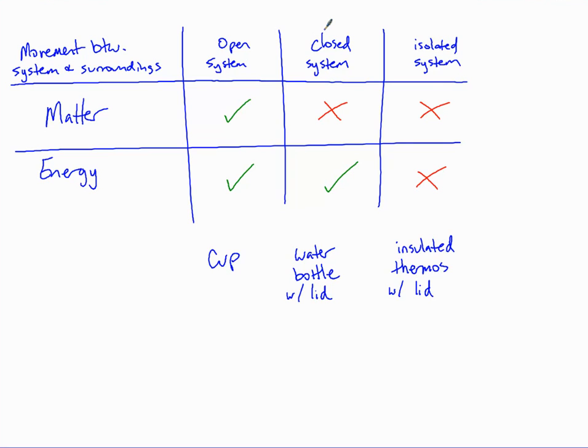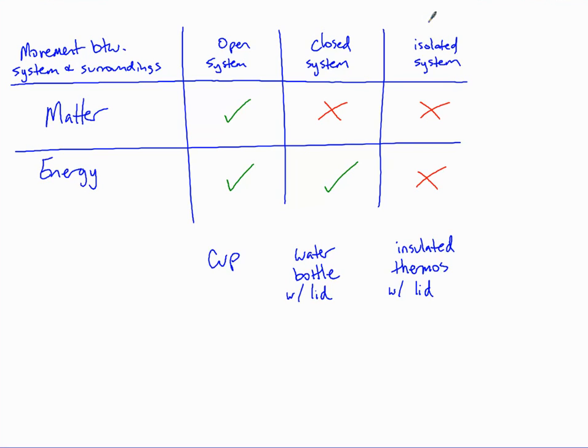But energy can move back and forth through the plastic walls of this water bottle. So if this water was really cold at the start of the day and you're outside on a hot day, there's energy moving from the hot air into your water, and over the course of the day, your water warms up. And this is an example of how a closed system can exchange energy.